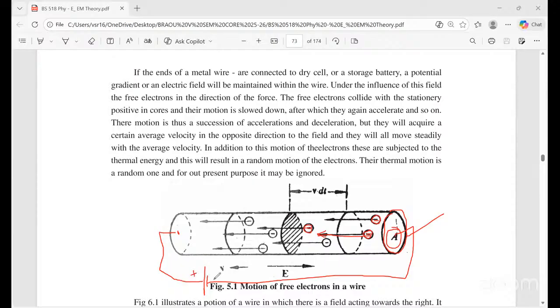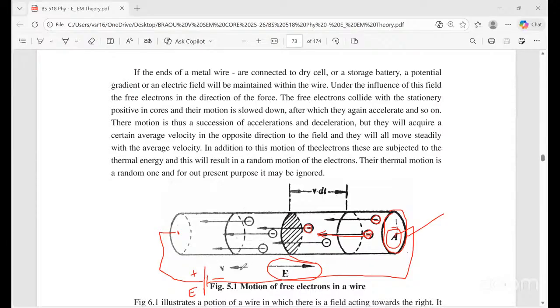Plus, minus, the electric field is there, from the battery. So in this direction, the electric field is applied, and the motion of the electrons opposes the electric field.